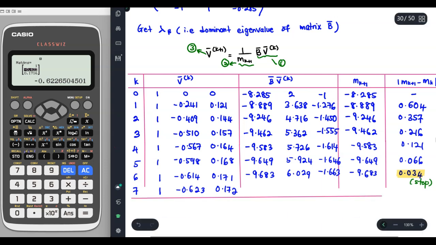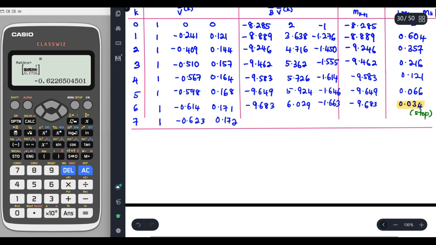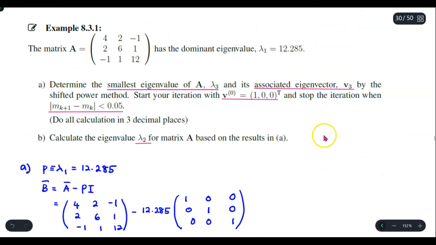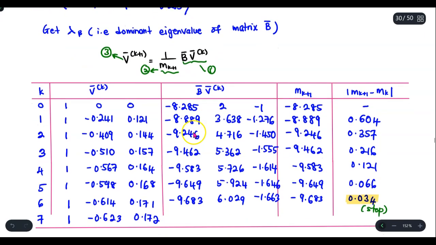So the whole process here is basically to get the lambda b, but that is not our final answer, because what we want is the smallest eigenvalue for matrix A. So up to this point, what we have computed is actually the lambda b, the dominant eigenvalue for matrix B.